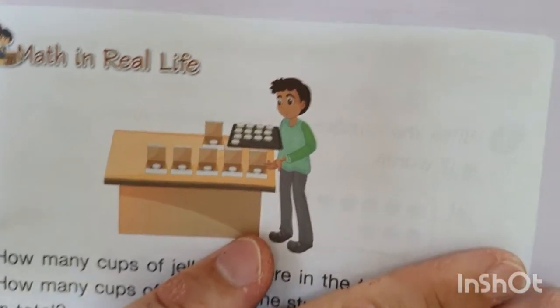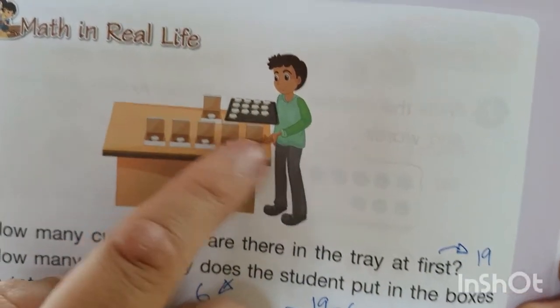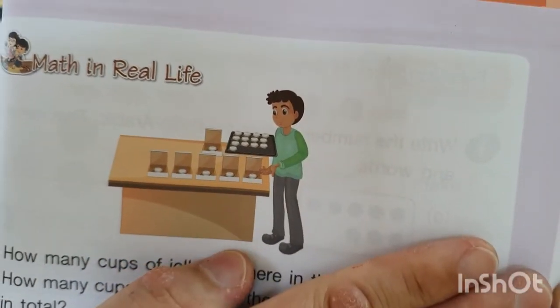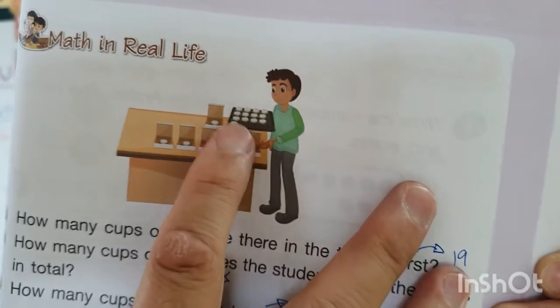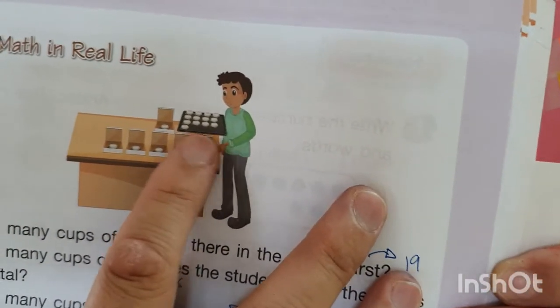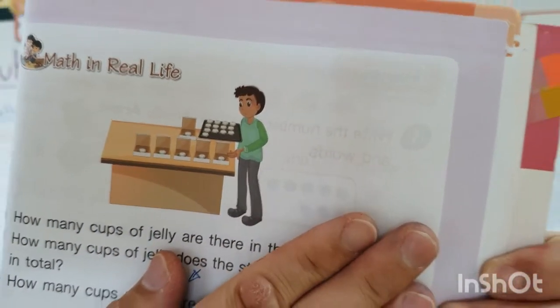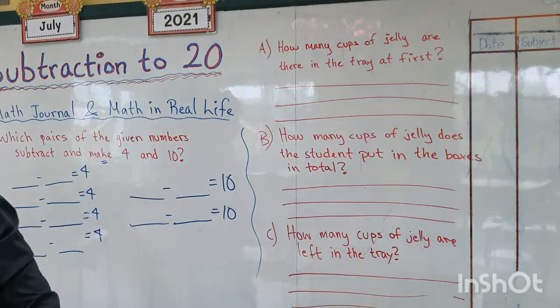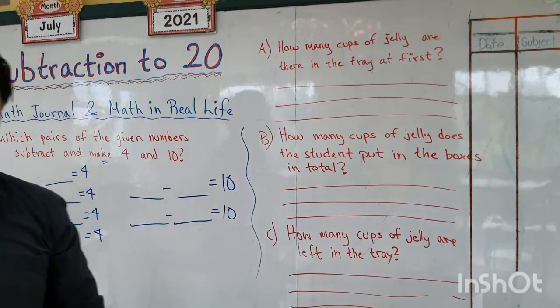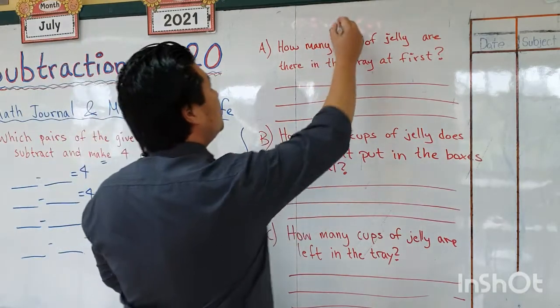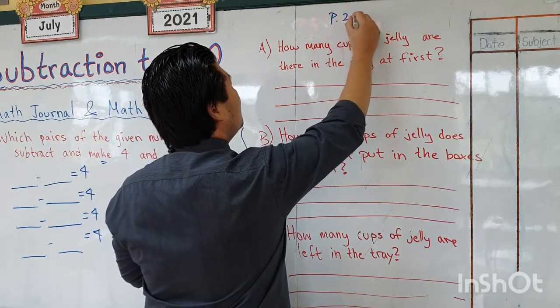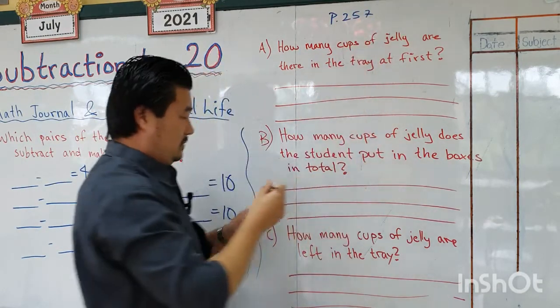Oh, sorry, you cannot see. Over there. So you need to look here and count cups of jelly. Okay? And that is on page 257.